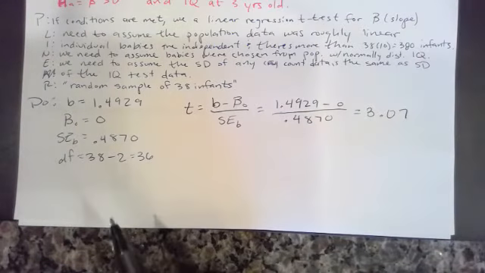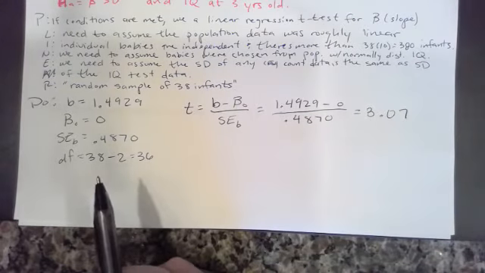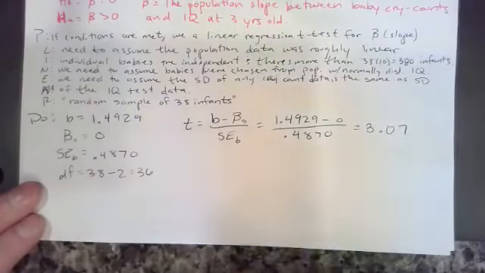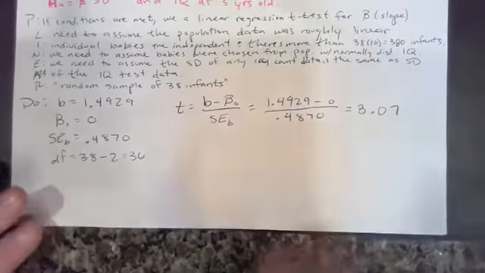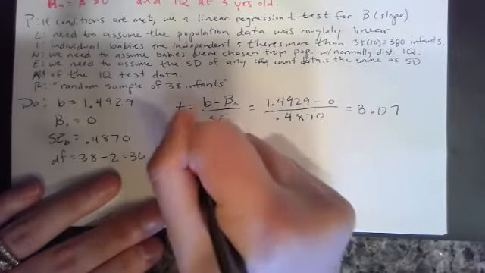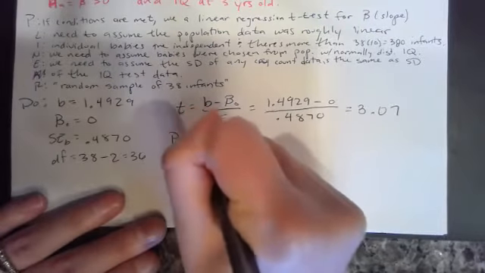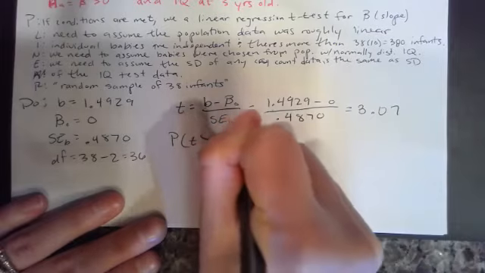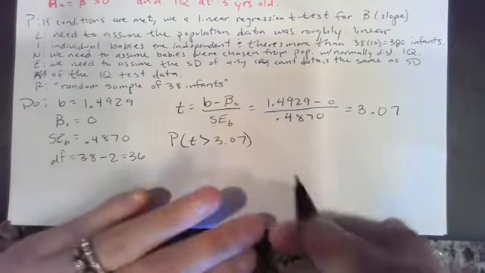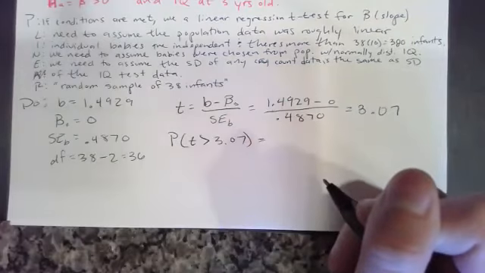Now, we are interested in beta being greater than 0. So I'm going to figure out, for my t-value, what's the probability that t is greater than 3.07?